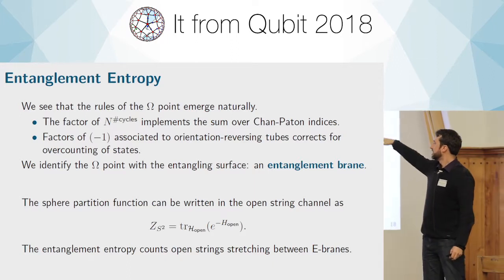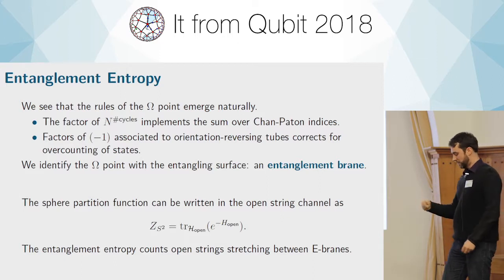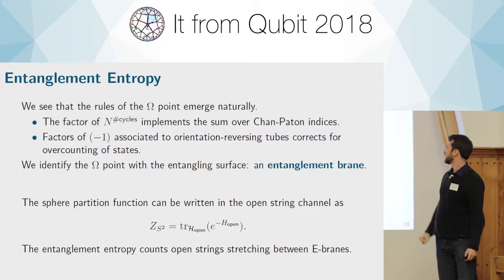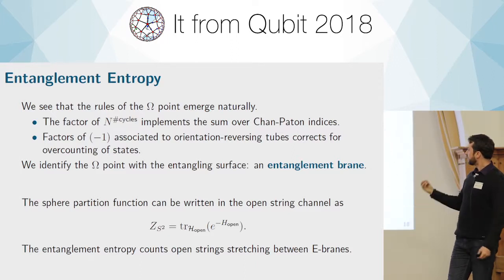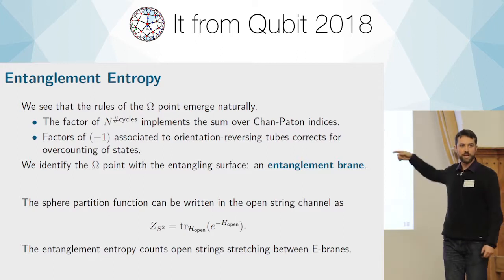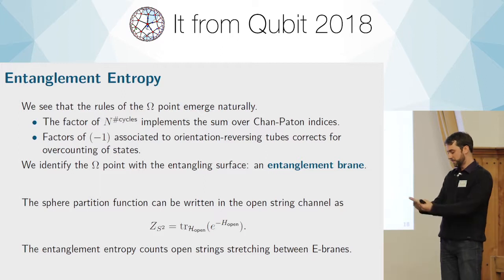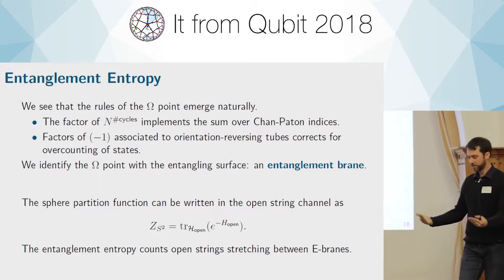The factor of n to the number of cycles that appeared whenever you had a permutation going around the omega point is giving us the sum over the Chan-Paton indices. And the factors of -1 associated with the orientation reversing tubes are correcting for this overcounting of states, the fact that there were states with different string descriptions which were secretly the same state.